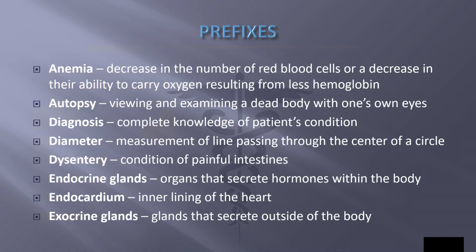So again, endocrine glands are organs that secrete hormones within the body. Then we have endocardium. And the endocardium is a layer of tissue lining the chambers and valves within the heart. So the suffix means a structure.